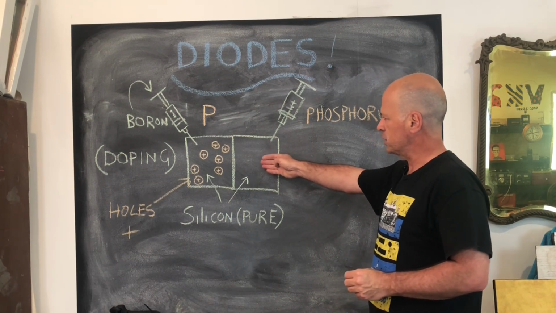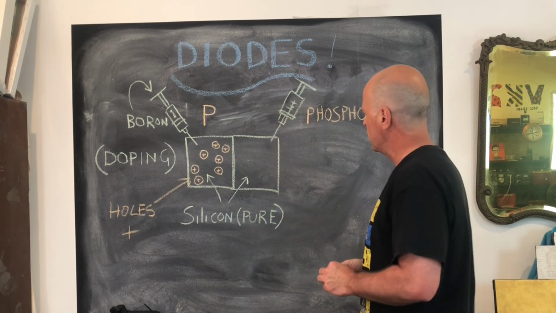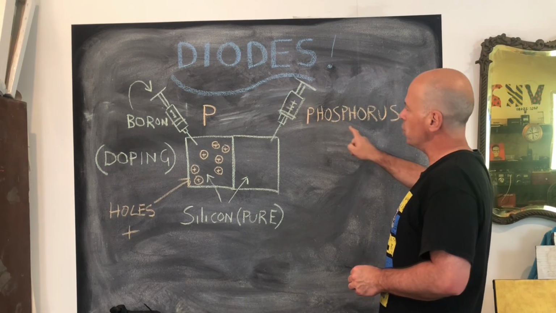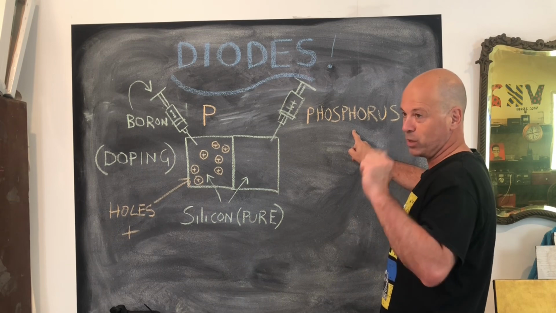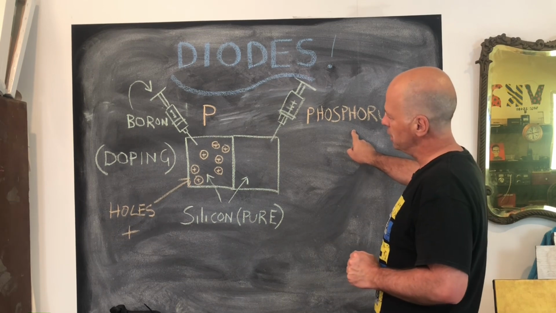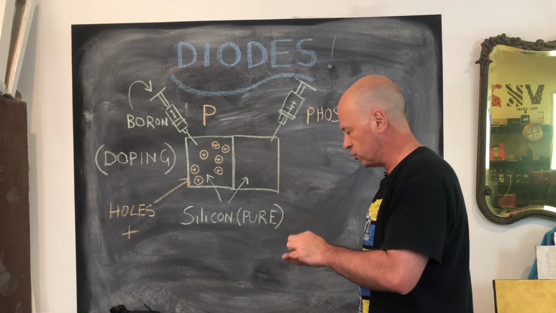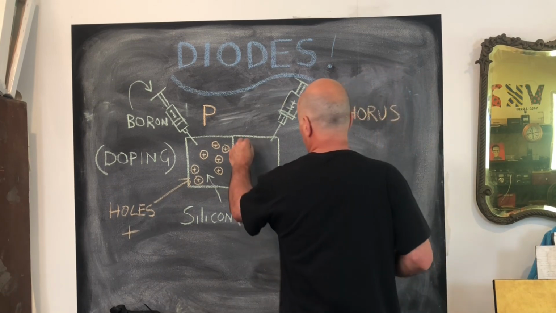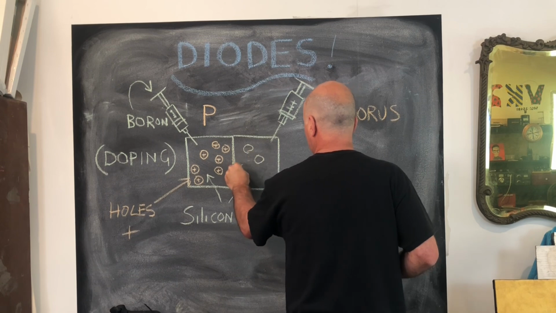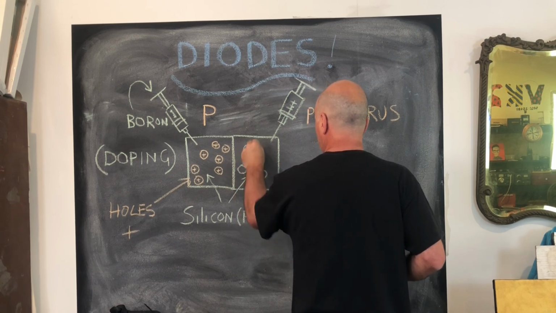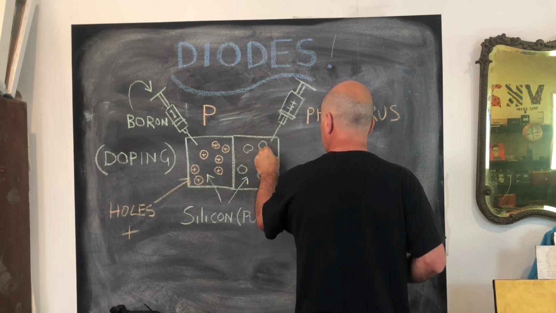Now over here, pure silicon, not a good conductor, but if we dope it with phosphorus or a number of other substances that are on the list in Wikipedia or wherever you go to look it up, we get free electrons. So unlike the holes, these free electrons that are created are able to flow around just like they would in a conductor.